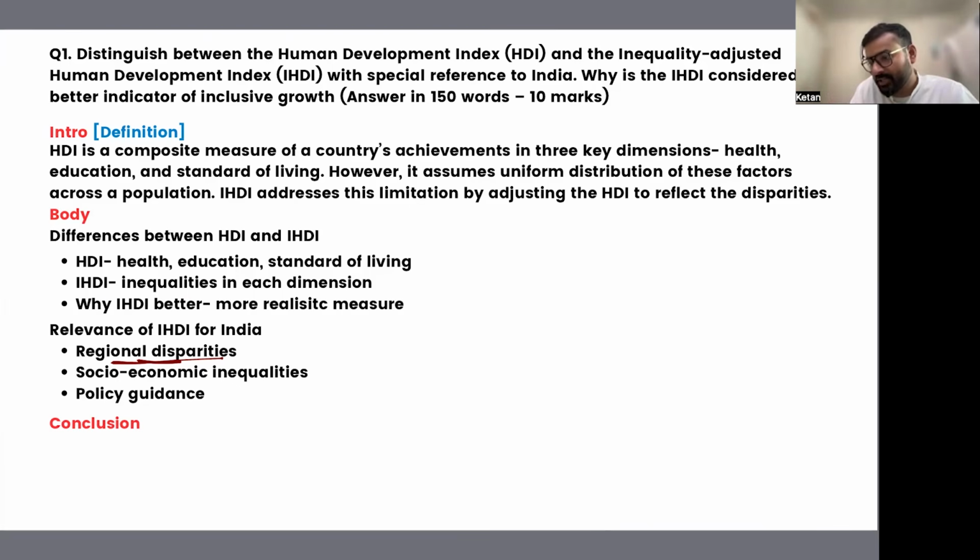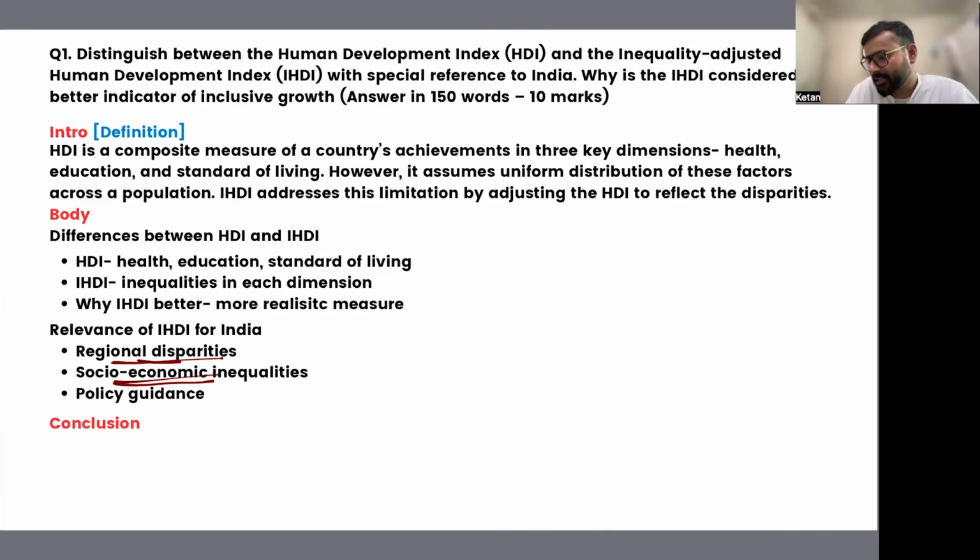Then another dimension is the socioeconomic inequalities that exist in the country. You can add a few lines about inequalities along the lines of caste, religion, gender, even tribals and non-tribals. There is also inequality on the basis of abilities and disabilities.